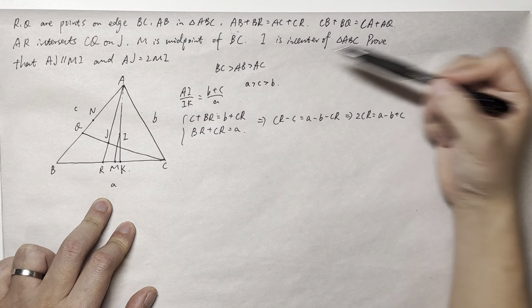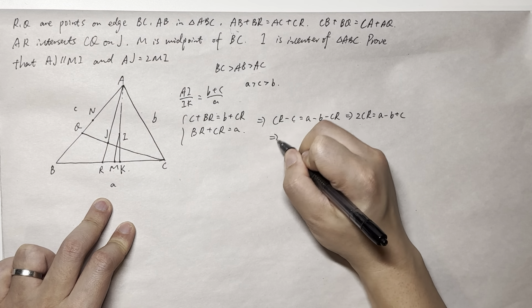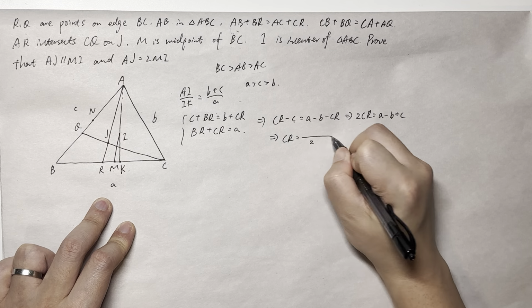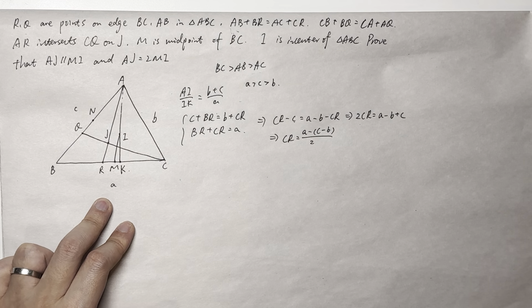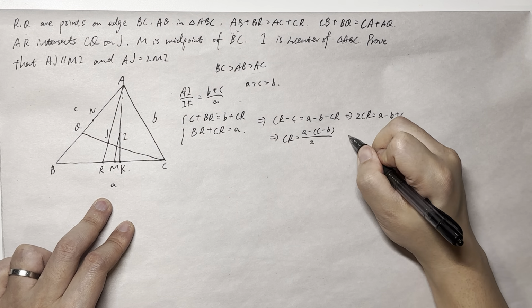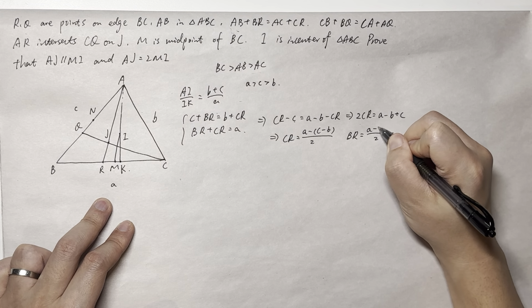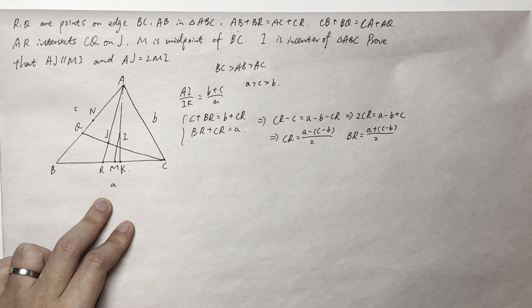B is the smallest part, so that means CR equals half of A minus C minus B, right? And we can calculate that BR equals half of A plus C minus B, right?